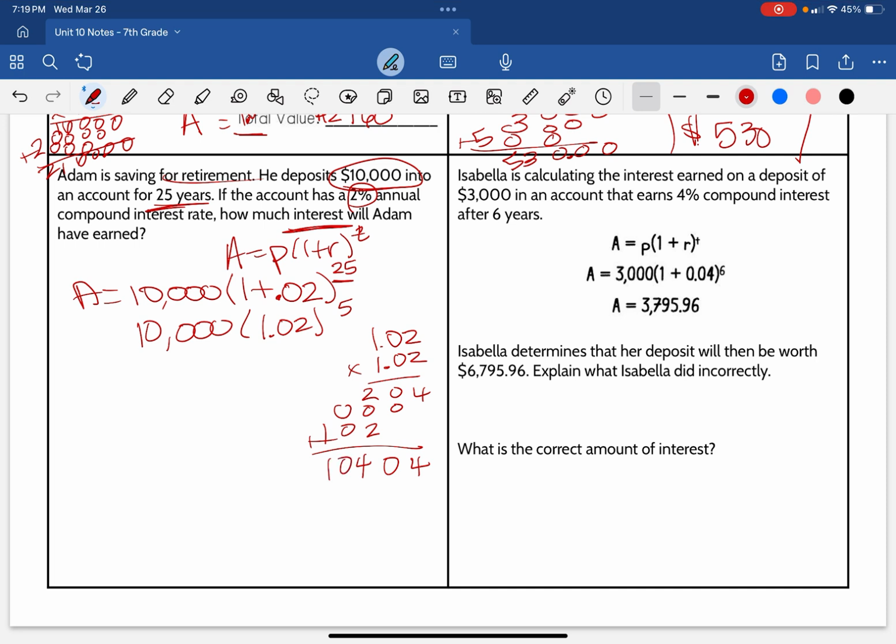That's just 2 years. 1, 2, 3, 4. That's here. So 10,000 times 1.04.